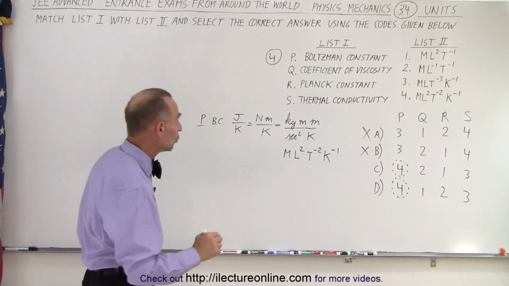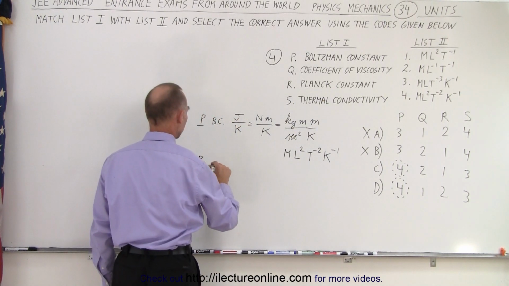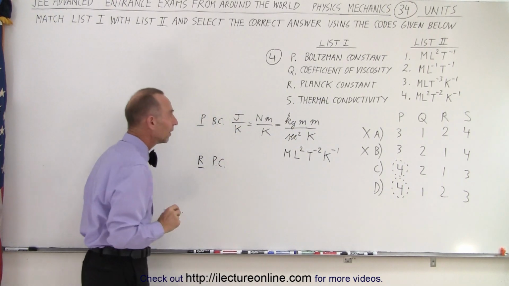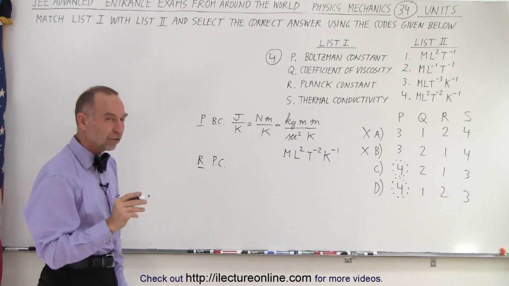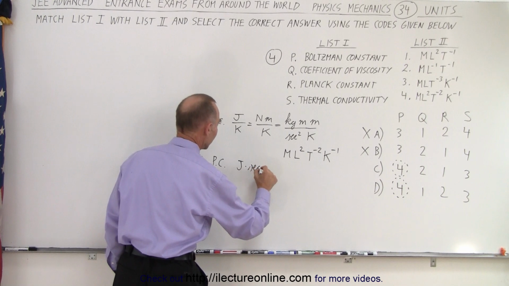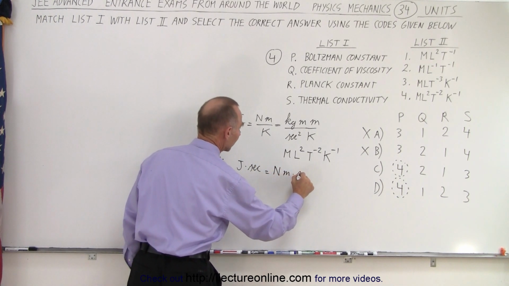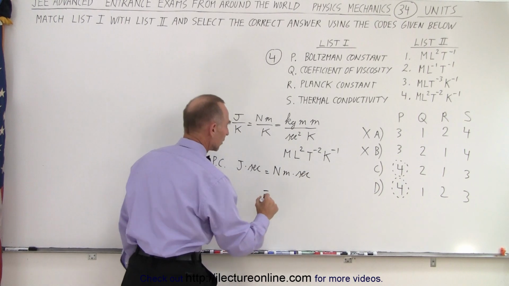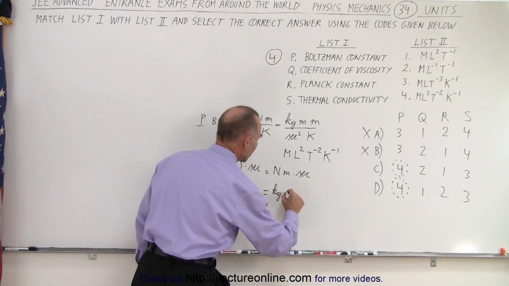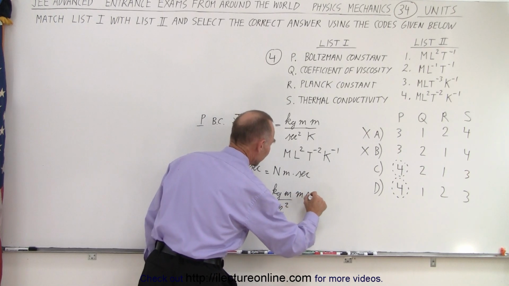The next thing I would like to do is Planck's constant, because that's an easy one. So we go with R. Planck's constant is joules times seconds. A joule is a Newton meter, so Newton meter times seconds. And a Newton meter is a kilogram meter per second squared times meter times seconds.